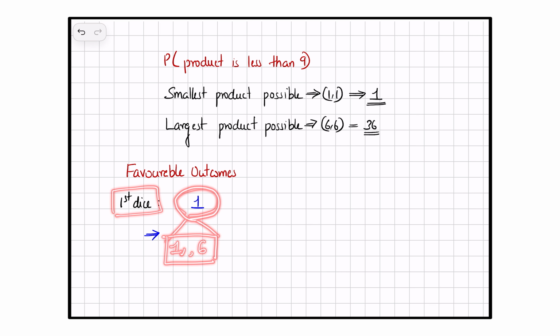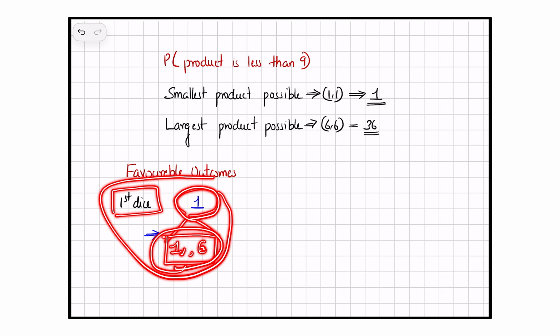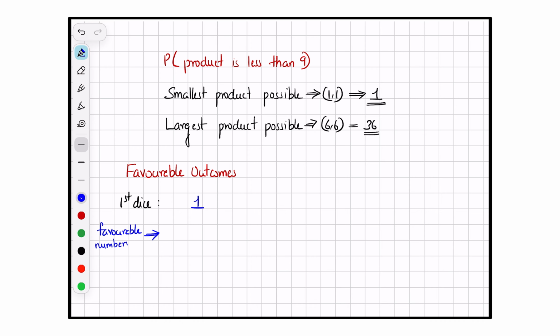If I get 6, 1 into 6 is equal to 6 and it is less than 9. That means I can have any number on the second dice and all will be a favorable outcome. So I can have 1, 2, 3, 4, 5, 6, all are possible. That means I can have 6 favorable outcomes.